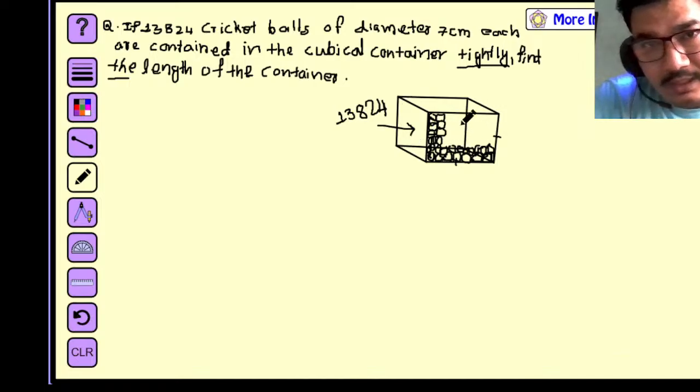They are kept so tightly inside this cubical tank, or container, you can tell, so that there remains no gap. This is the main point for this question.